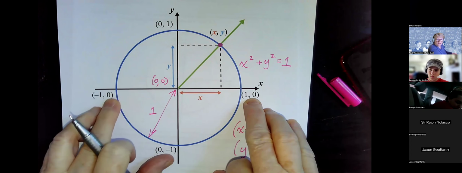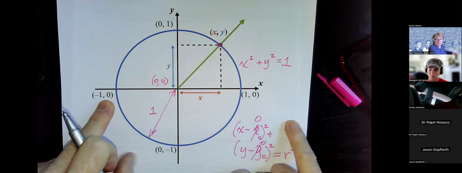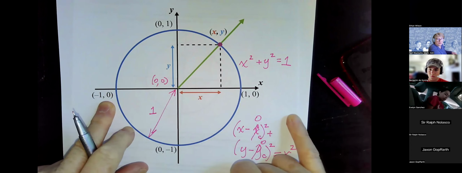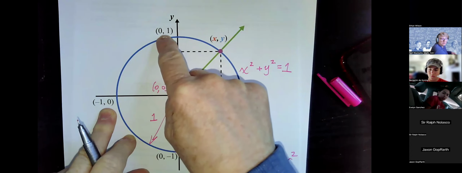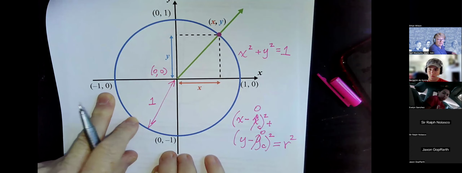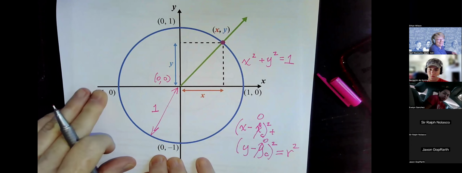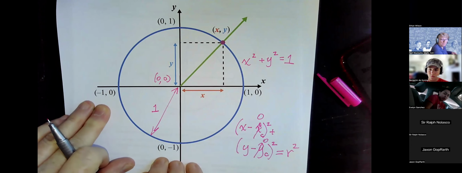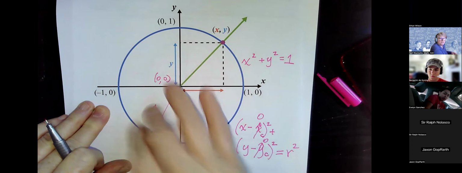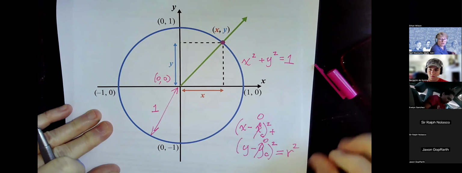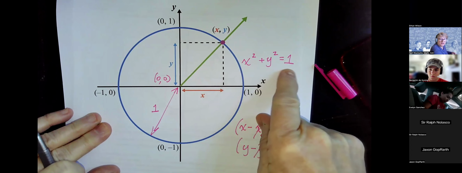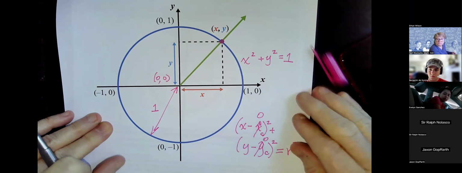The negative x-axis is -1, 0. The positive y-axis is 0, 1. And the negative y-axis is 0, -1. We absolutely know 4 points, and we know the equation of this circle.